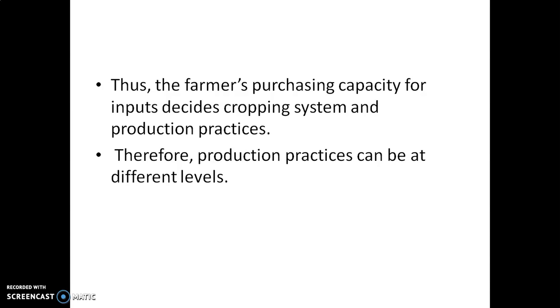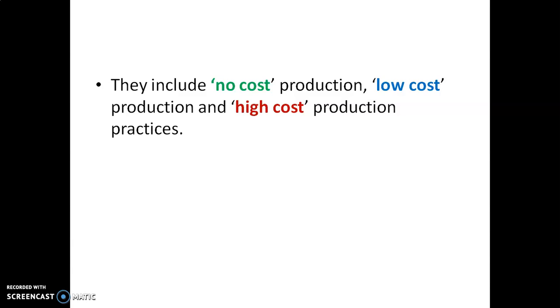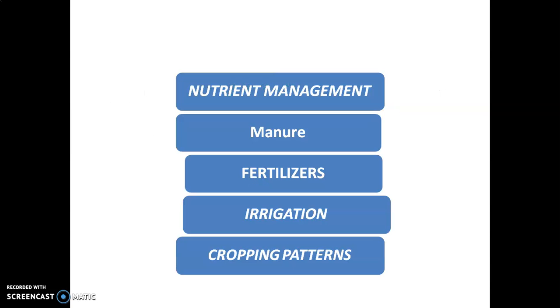Therefore, production practices can be at different levels. So, we can say that there are no-cost production techniques, low-cost production techniques, and high-cost production practices. Children, these are the 5 approaches to increase the production, that means to increase the yield of crops.